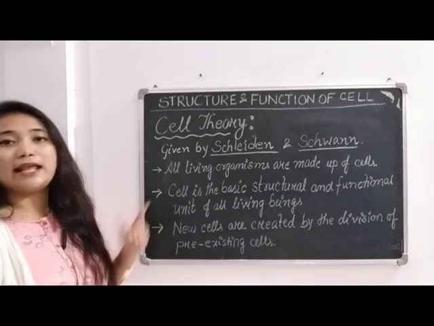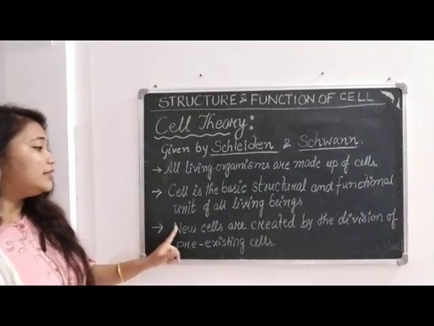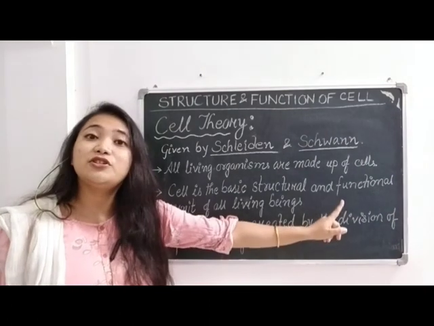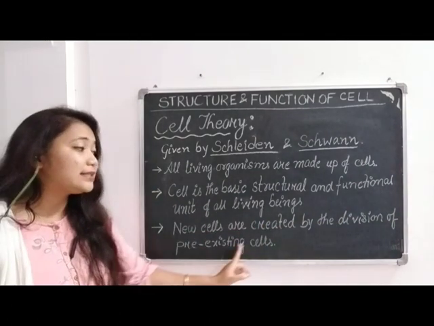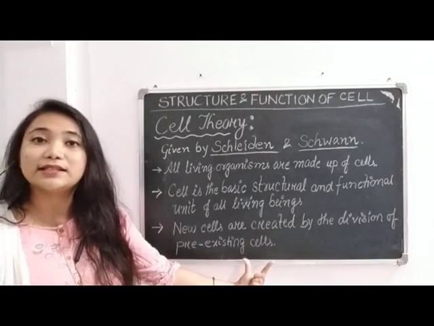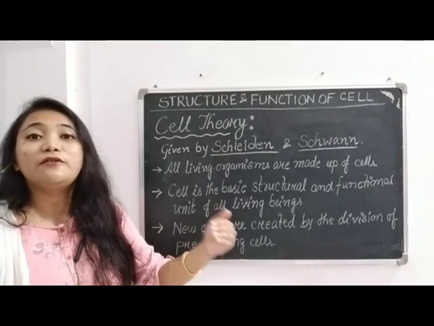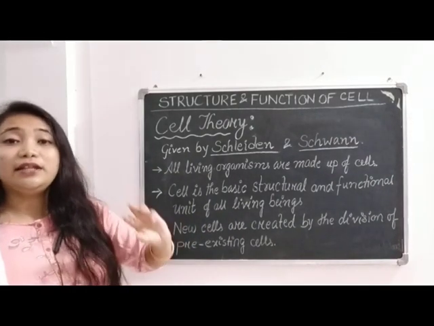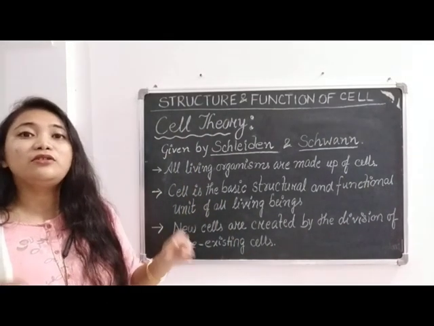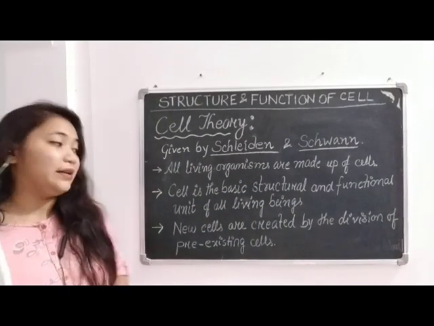Now come to the last point, that new cells are created by the division of pre-existing cells. This is a very important term, pre-existing cells. Whenever a new cell is formed, it does not come out of the air. There is no magic where I do this and a new cell comes.